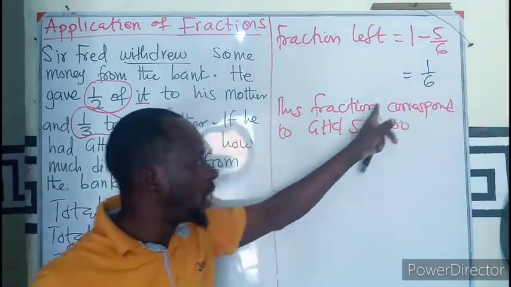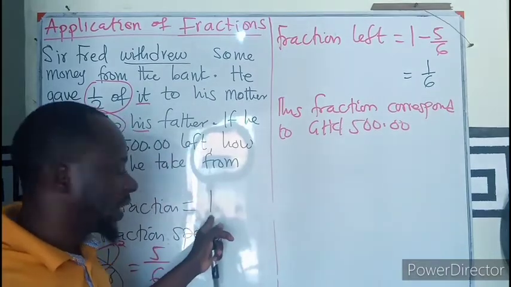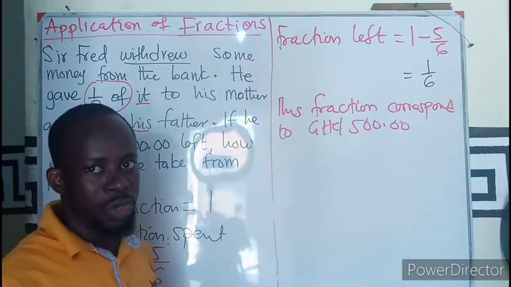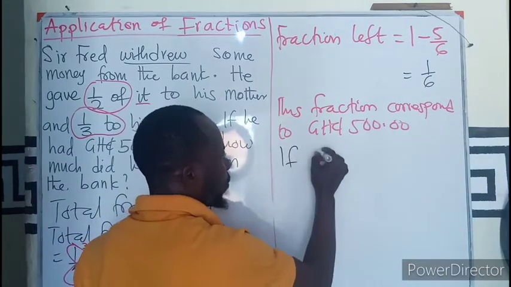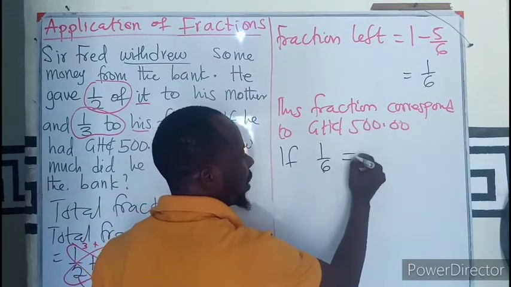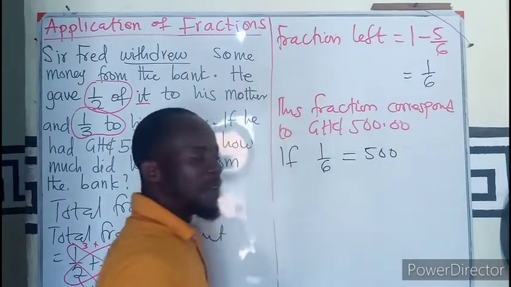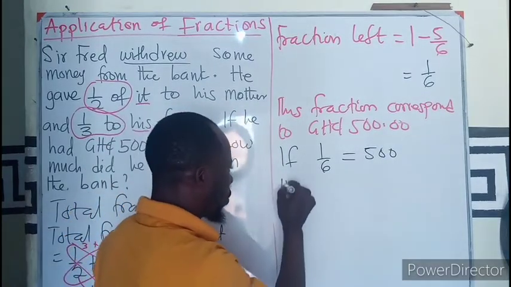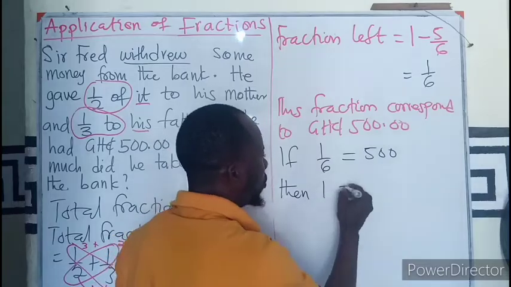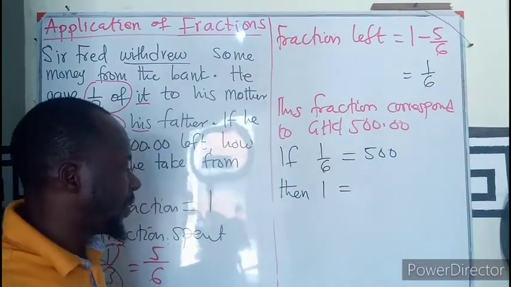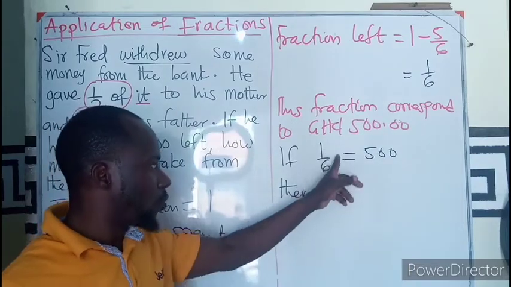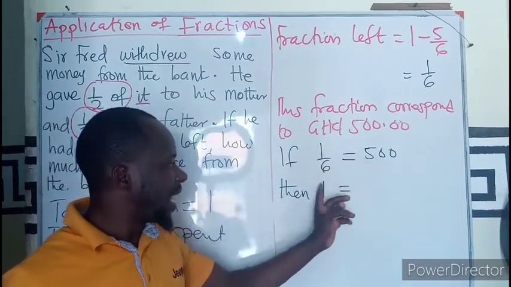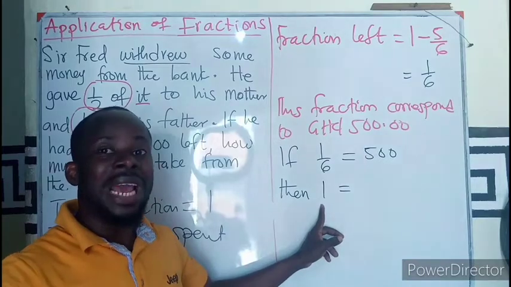This fraction is equivalent to the amount, therefore this fraction is also equivalent to that of the amount to be shared. So I'll say that if 1/6 is equal to 500, then it is also true that 1 will be equal to, we know that if we are comparing this and this, 1 is bigger than 1/6. So if a smaller portion is giving 500, then the bigger portion should give me a larger amount.